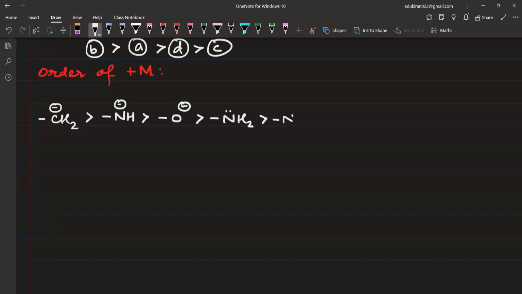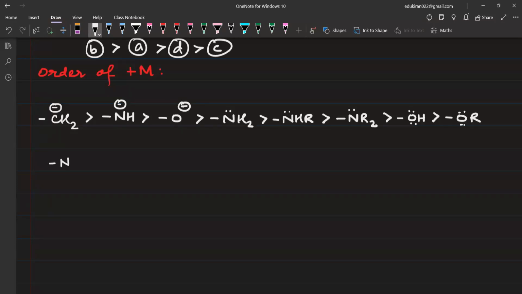Then we can have NHR, and then we can have NR2. And after that, we will have OH with two lone pairs, but that two lone pairs is not going to make any difference on the order. It's the electronegativity of oxygen which gets it lower than the nitrogen, even though it is having two lone pair electrons. Then OR.